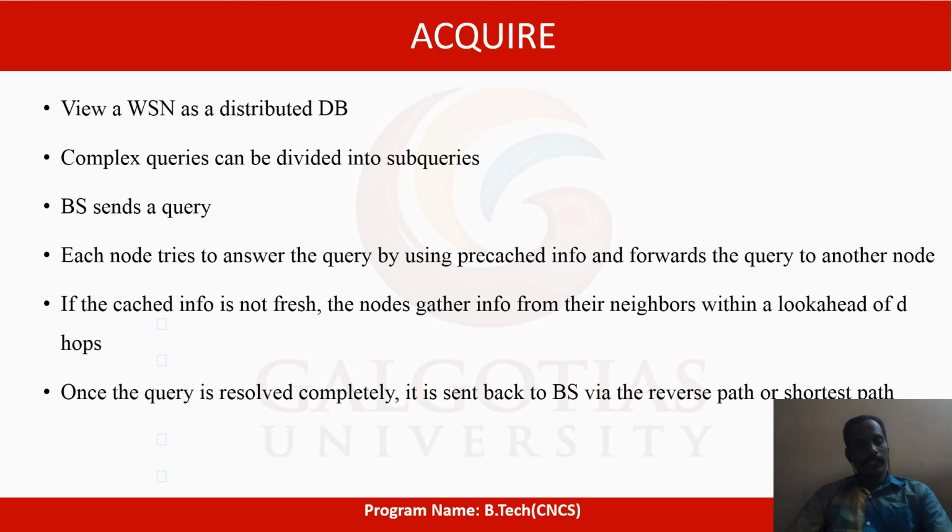If d is the network diameter, then ACQUIRE becomes similar to flooding. Once the query is completely resolved, it is sent back to the base station via the reverse path or the shortest path.